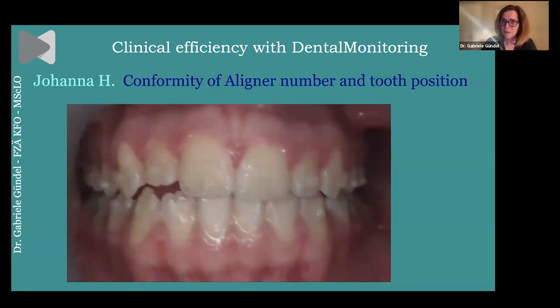Is everything going fine? On the one side, you have the fitting of aligners on the teeth, very important and good information. But on the other side, I would like to know if my plans, especially in open bite cases or in class 3 cases, are very good.